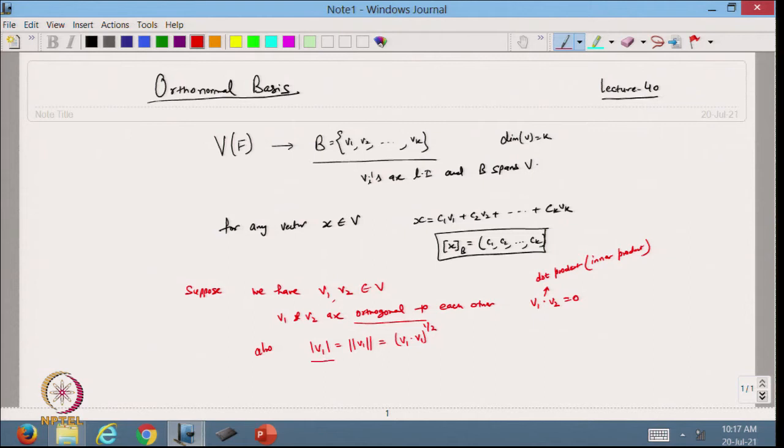That is the magnitude of the vector V1, which we also call the length of vector V1.